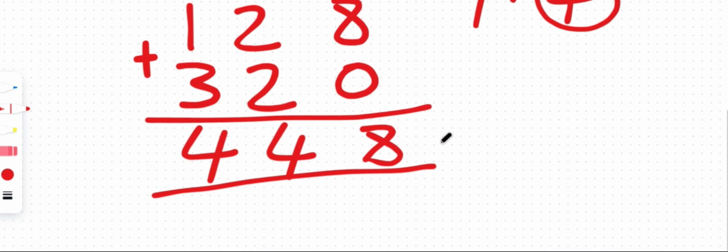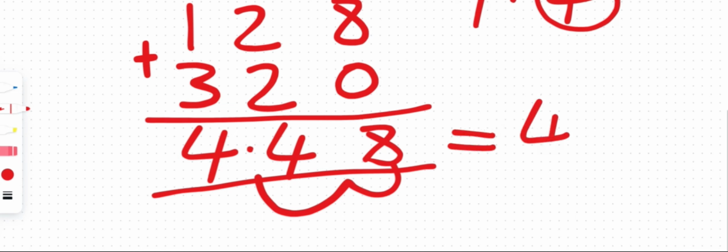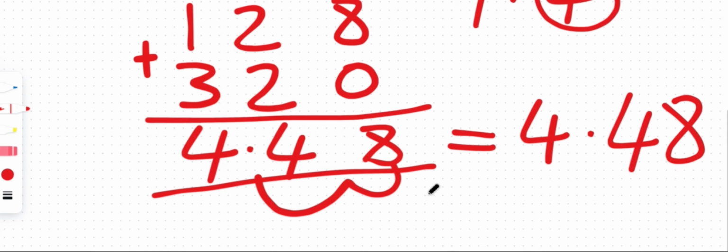Now that I have 2 decimal places, the next thing I'm going to do is to count from the right, take 2 steps to the left. So this is step 1, step 2, and my decimal point will be right here. So my final answer is going to be 4.48.